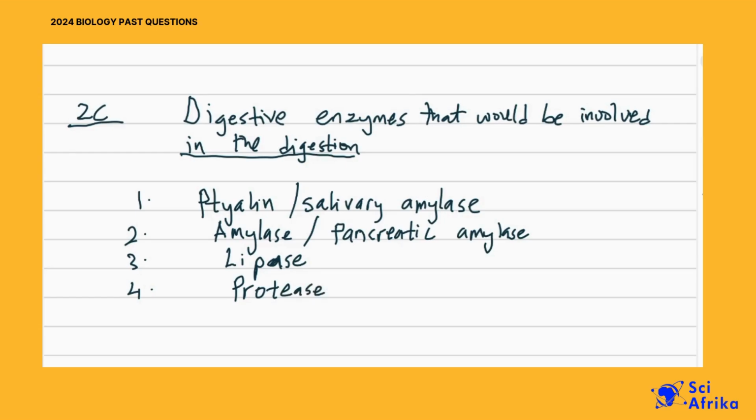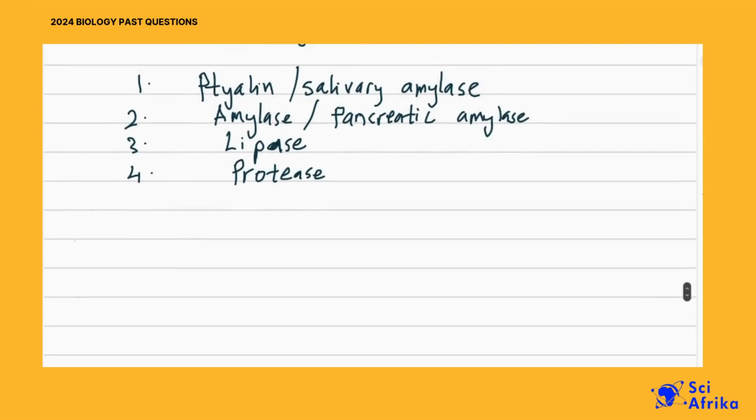So the next question is number 2D. 2D is asking us to state the end products of the meal after digestion. After the individual has eaten the hot cassava food with the soup that is salty, what are the end products of that meal digestion?